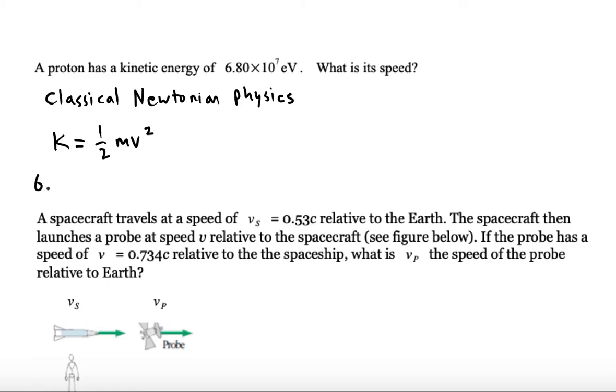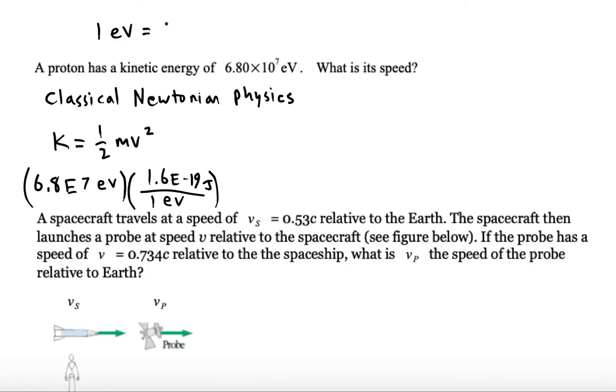So you'd do 6.8 times 10 to the 7 electron volts times the definition of an electron volt being 1.6 times 10 to the minus 19 joules. Like that's the conversion between them: 1 eV equals 1.6 times 10 to the minus 19 joules.